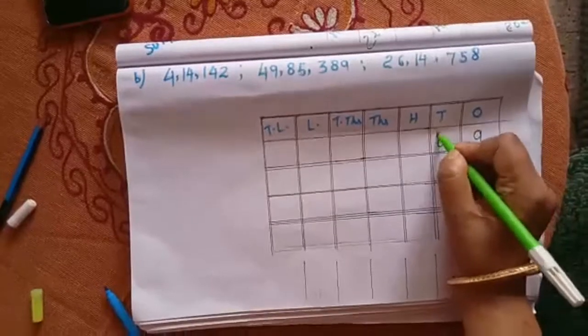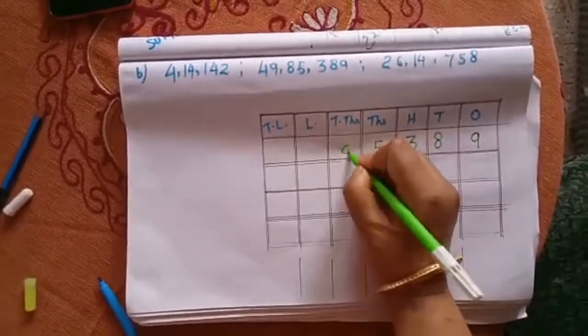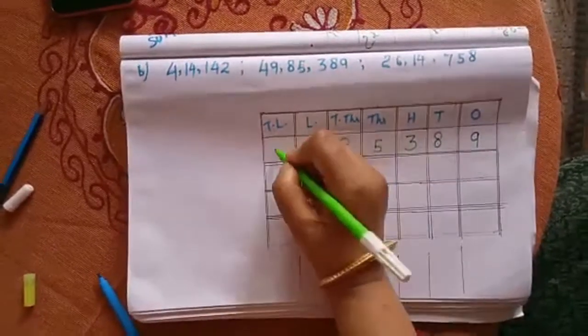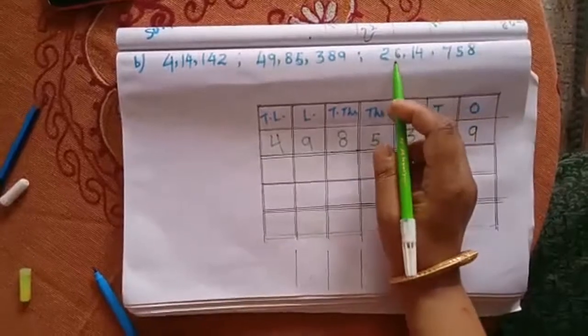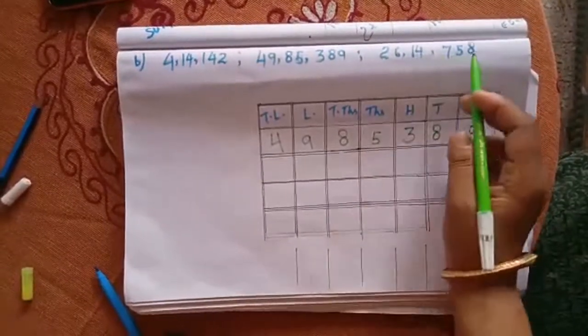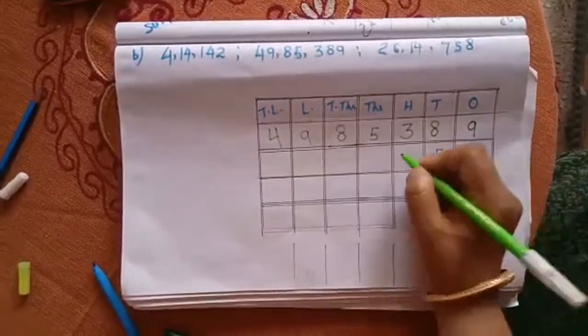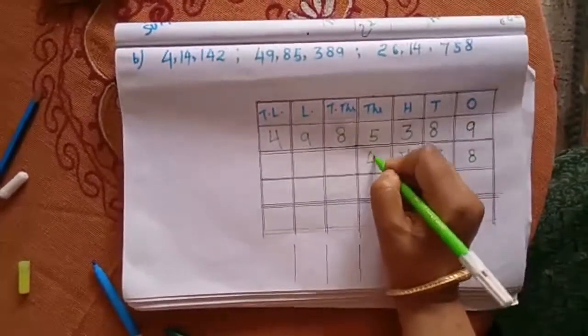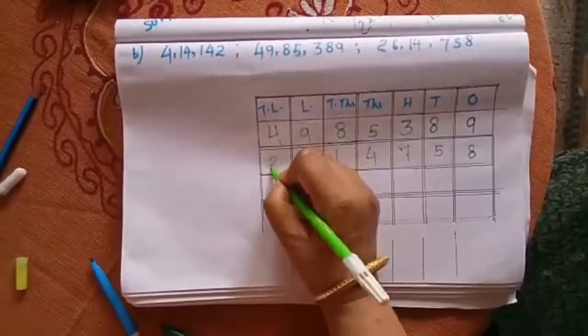I will insert this according to the place value chart: 9 ones, 8 tens, 3 hundreds, 5 thousands, 8 10,000s, 9 lakhs, 4 10 lakhs. Now the second largest, 26 lakhs 14,758: 8 ones, 5 tens, 7 hundreds, 4 thousands, 1 10,000, 6 lakhs, 2 10 lakhs.